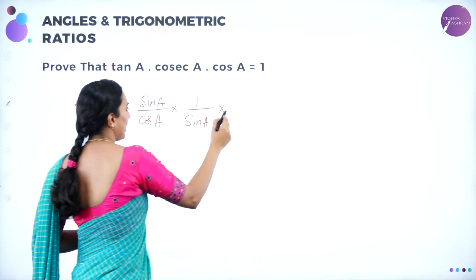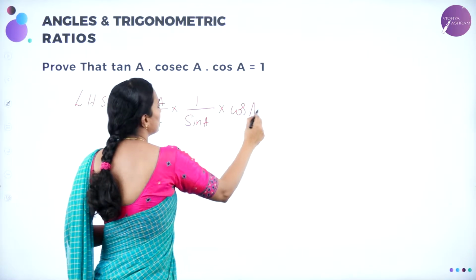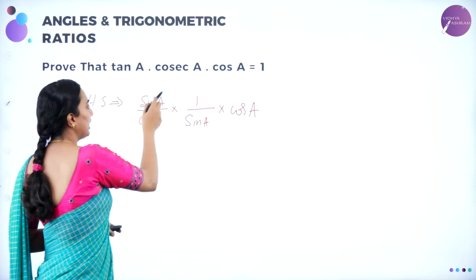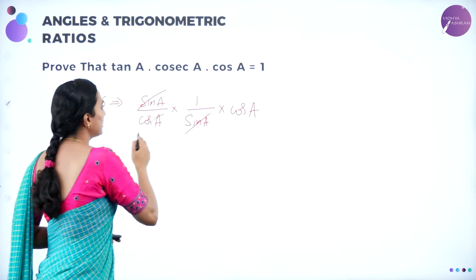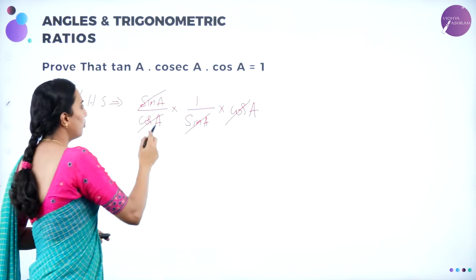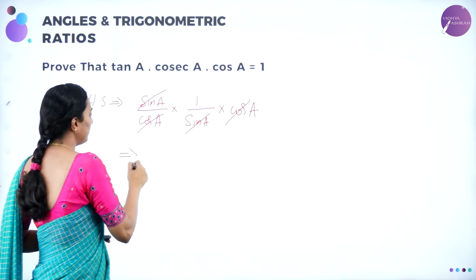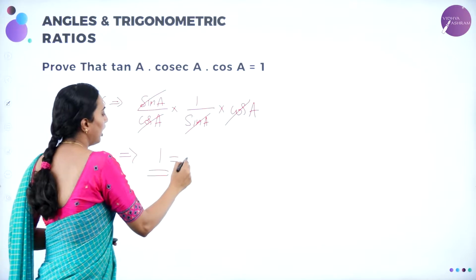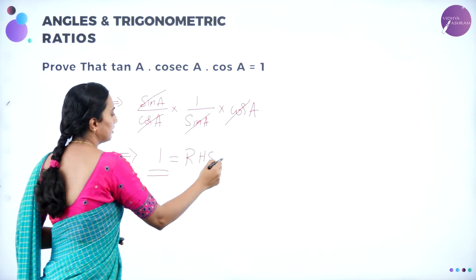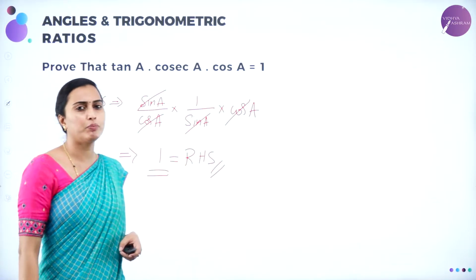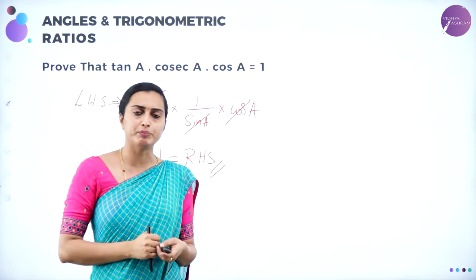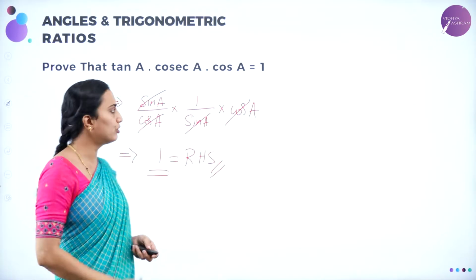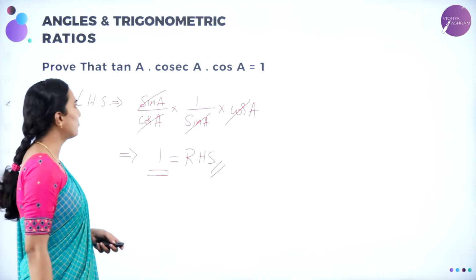Into cos A, as it is I am going to write it. So, dears, you can see here sin A will get cancelled, cos A will get cancelled. So, 1 into 1 will be the same. So, 1 will be your RHS, right hand side. Understood? These questions will be asked for either 1 marker or maybe for 2 marker. Understood? We'll move on to the next problem.